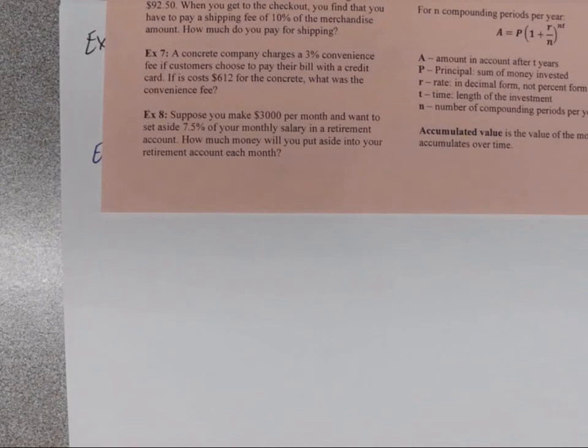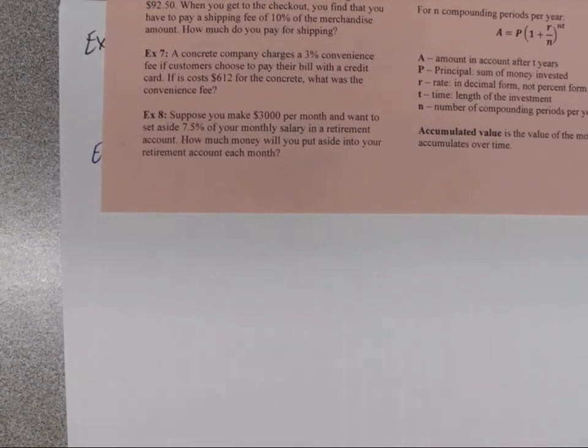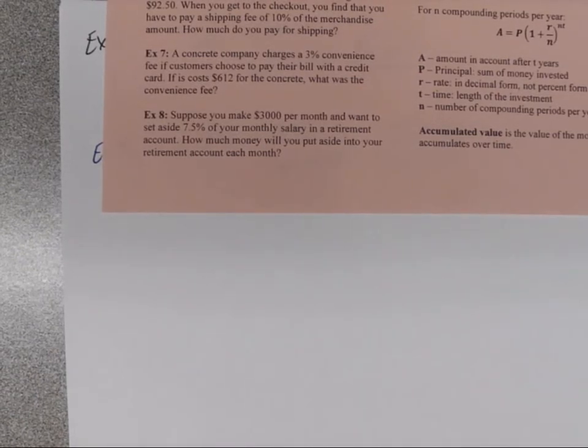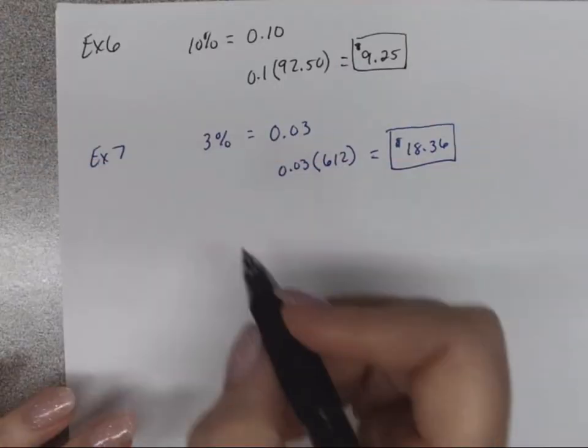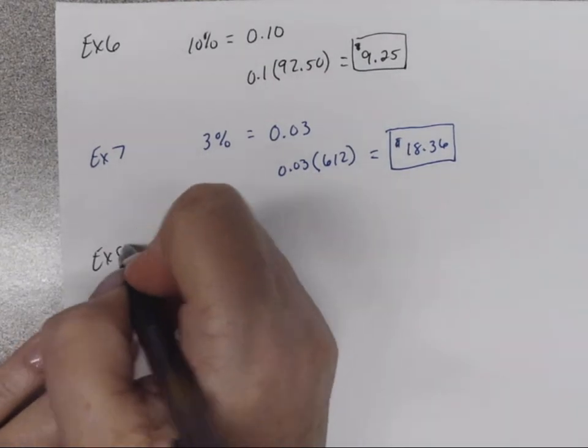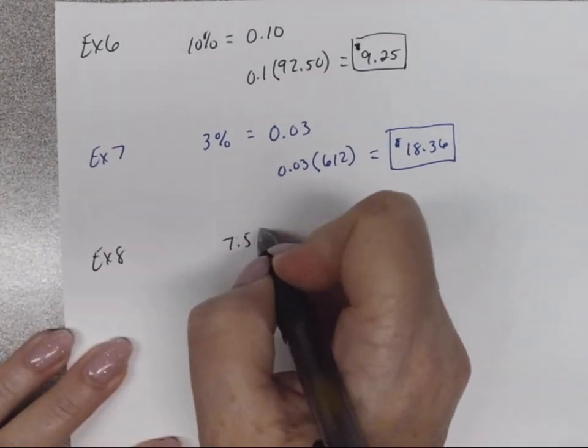Suppose you make $3,000 per month and want to set aside 7.5% of your total monthly salary in a retirement account. How much money will you put aside into your retirement account each month? So our percentage is 7.5%.